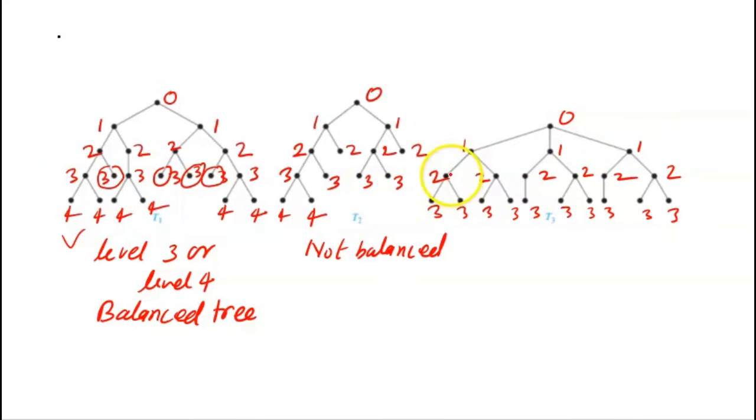This is also an internal vertex. This is internal, internal, internal, internal, internal. So all the leaves are at label 3. So this is also a balanced tree, because the labels of the leaves should be either h or h minus 1. In this case, every leaf is at label 3. So this is a balanced tree.